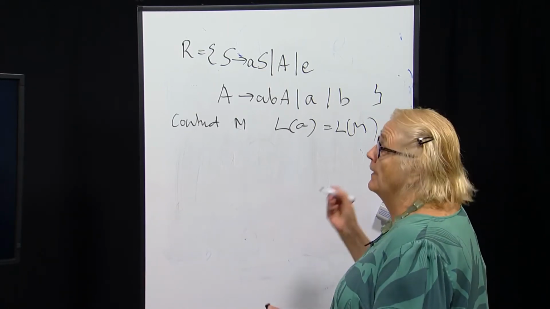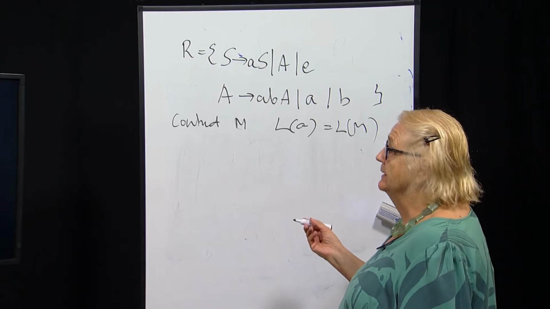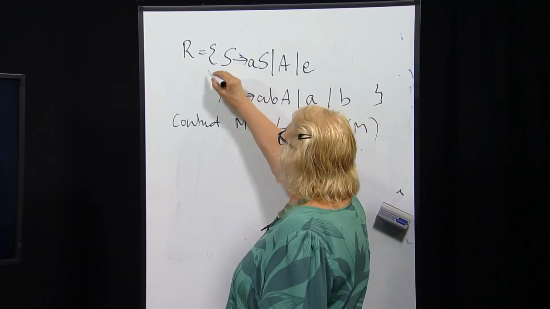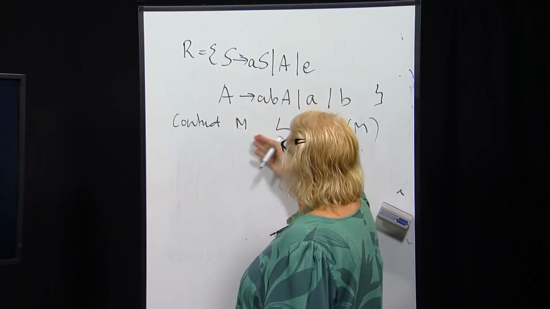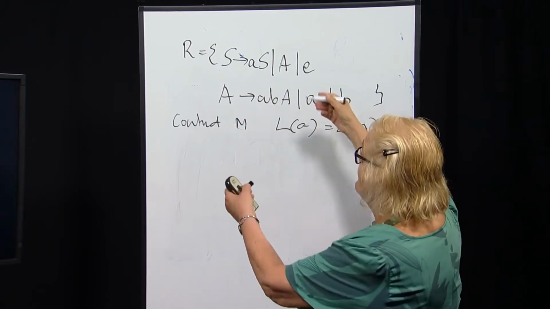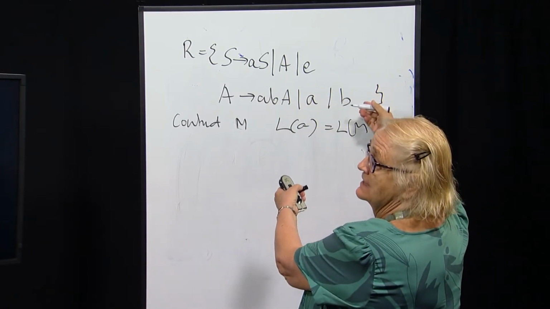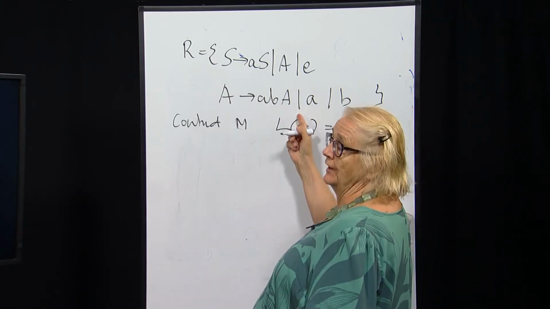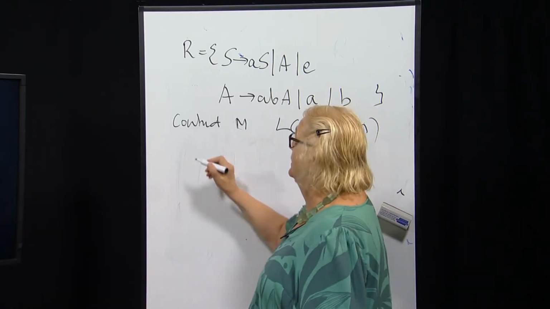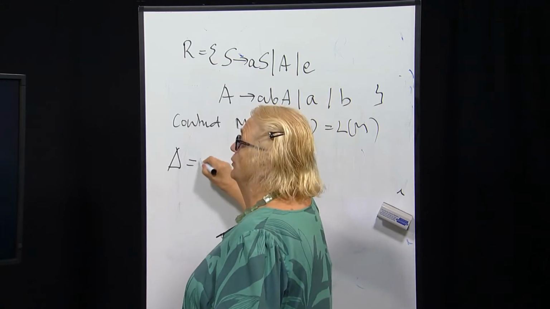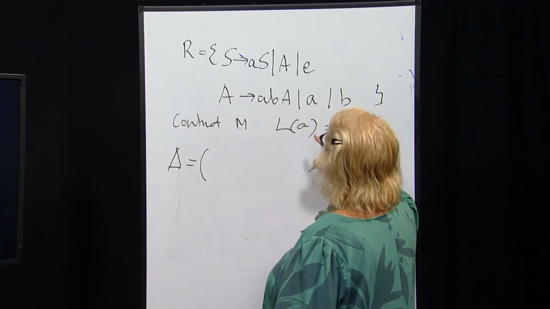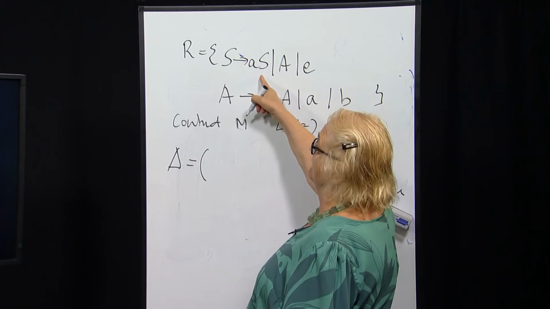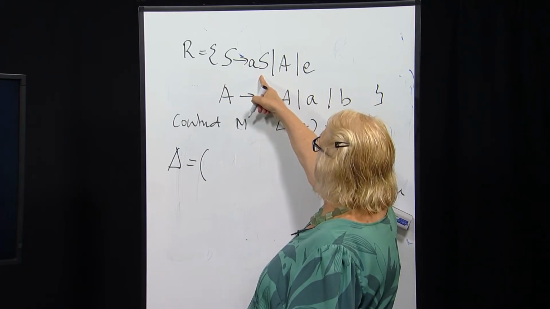So I do a non-deterministic automata. The automata has to mimic what the grammar does in inverse. Grammar creates a word and automata has to accept it. So what I do, we do delta, and you have this rule. So what does it mean?